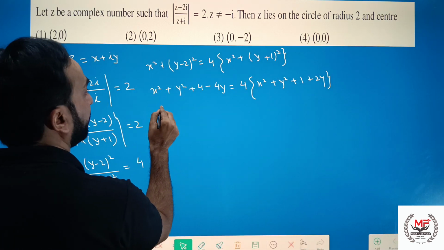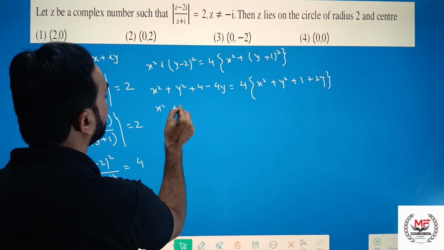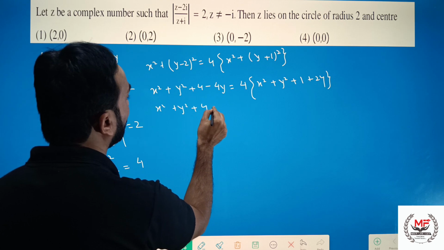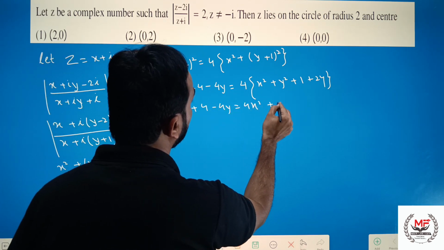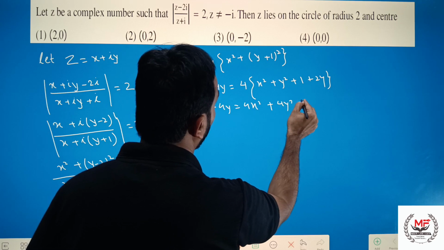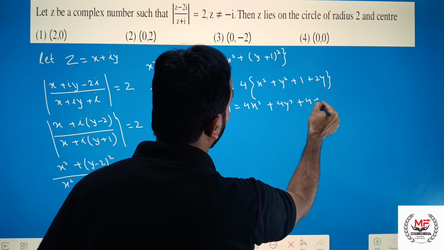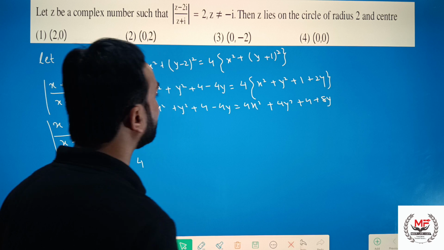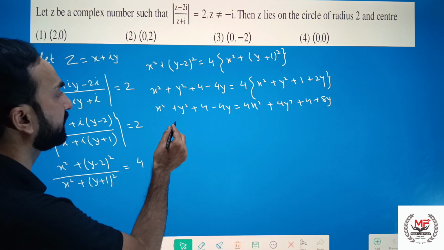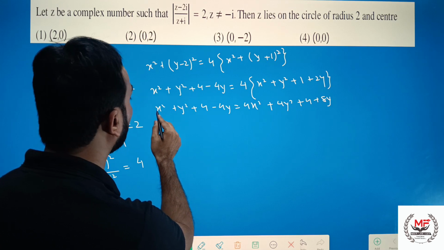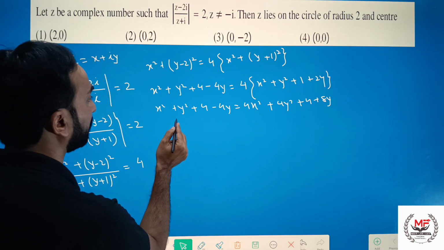Now we can see here that x square plus y square plus 4 minus 4y is equal to 4x square plus 4y square plus 4 plus 8y, right? So this is the simplification of it.